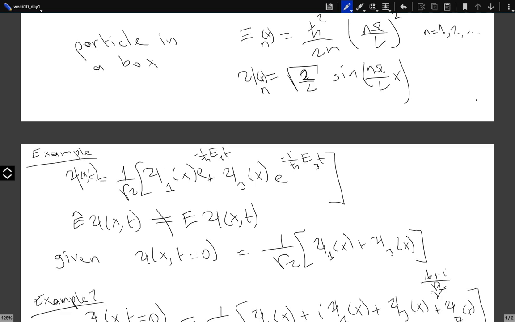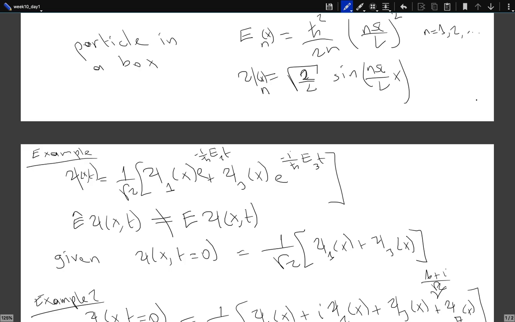Now, again, if you go back to this example, I said that if I create this wave function and measure its energy, I will find either E1 or E3. But in physics, we don't do just single measurements. We do many measurements and then take their average.